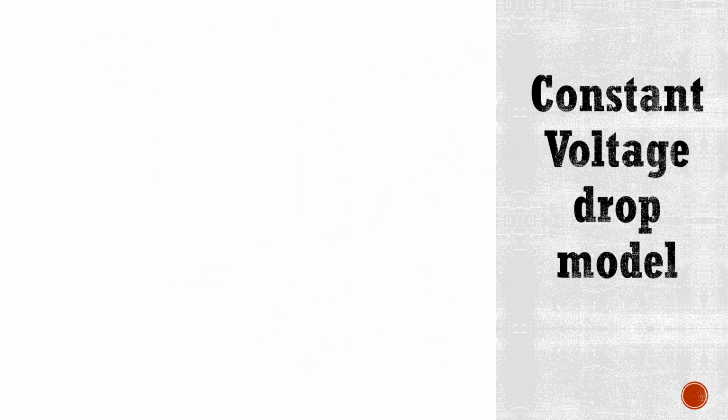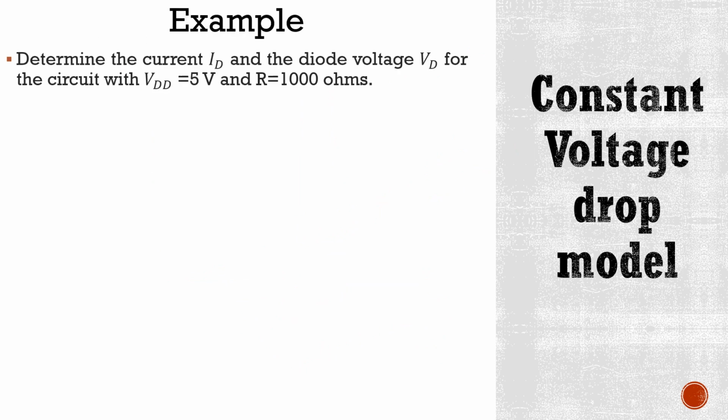Now look at this example. If you have to determine the diode current ID and the diode voltage VD for the circuit where VDD is 5 volts and R is 1 kilo ohms. So how are you going to analyze this circuit using the constant voltage drop model? Suppose this is your real diode model where this is VDD, this is R and this is the diode, that is the real diode.